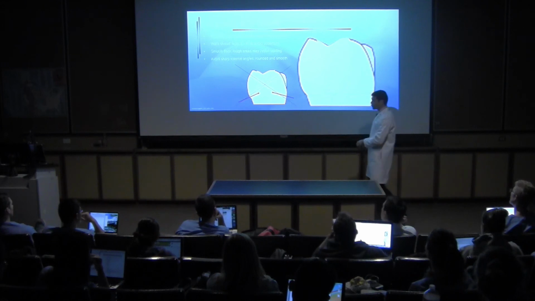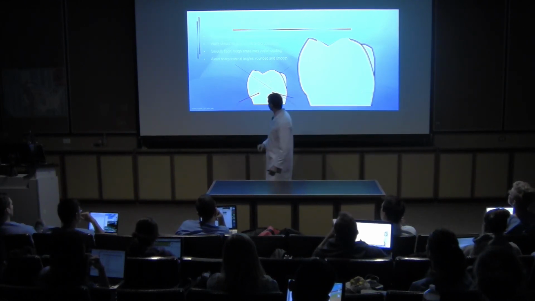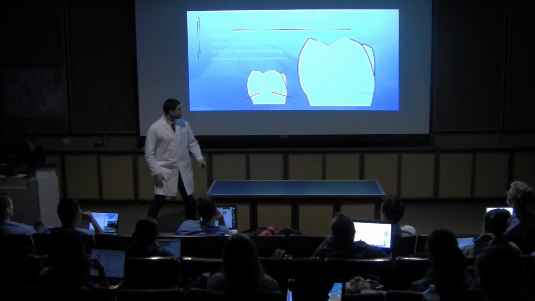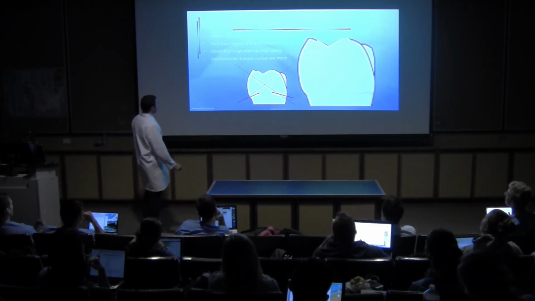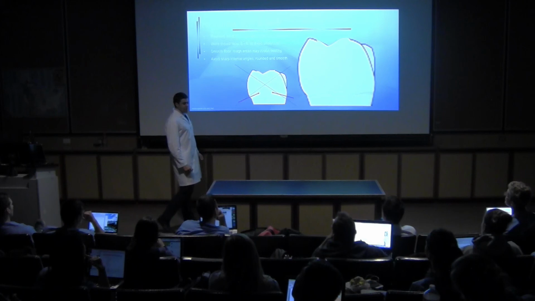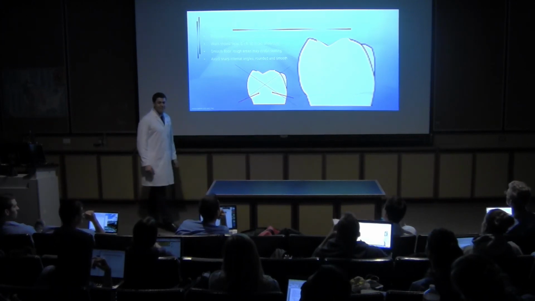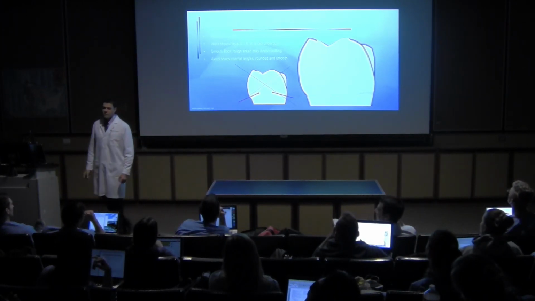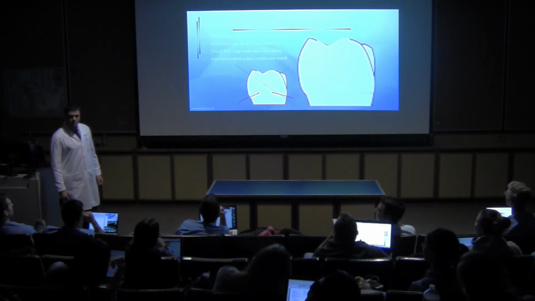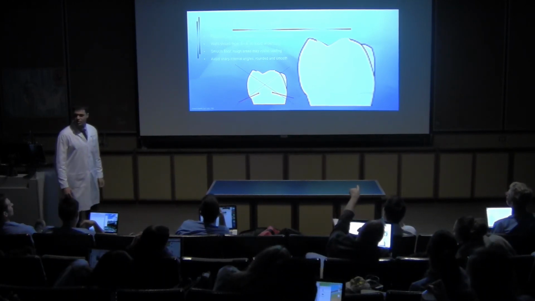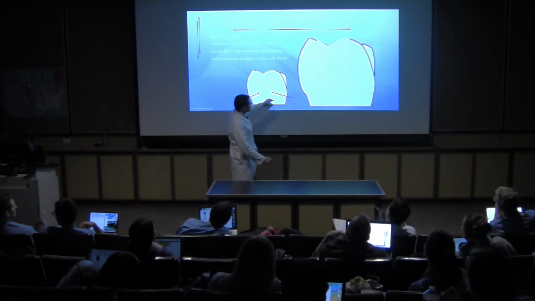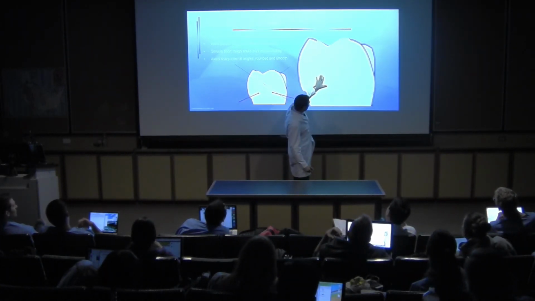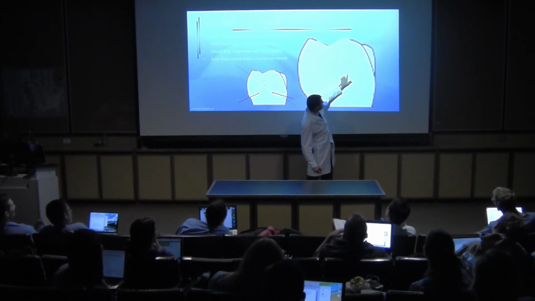On the proximal box shape, unfortunately you cannot see. Okay, I can see it. I will try to help you. Here we have, I will try to explain to you, the contour here.